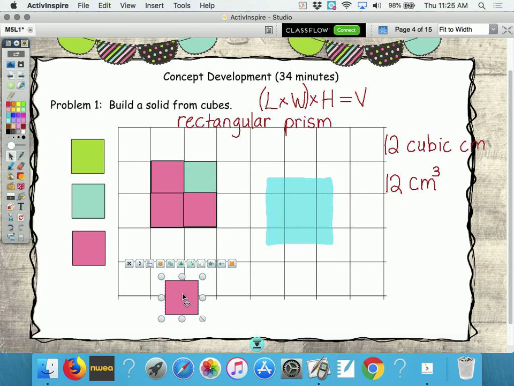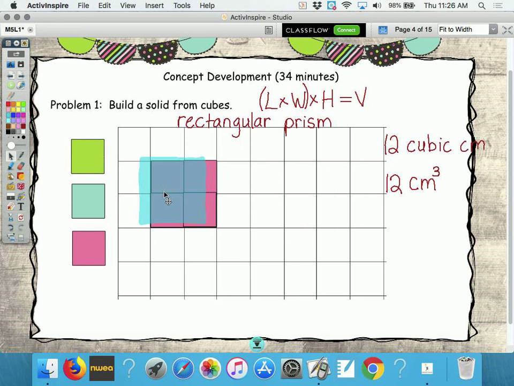Now, the next problem I didn't put on here, but I just want you to count out 12 cubes. And this has nothing to do with the square we just did. You can't use the square we just did.